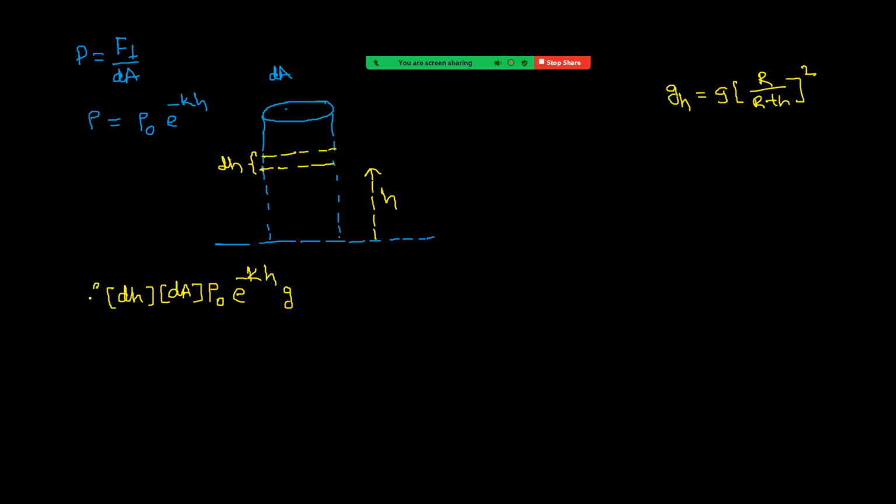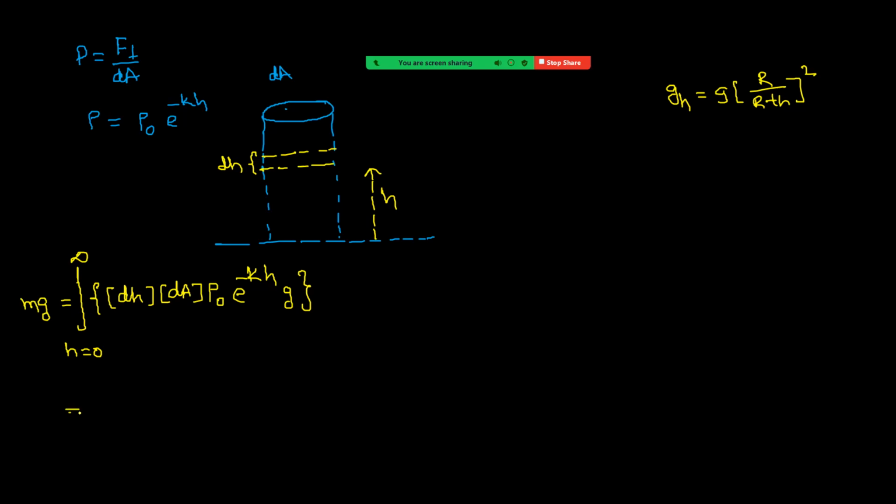This is the weight of the air present in that layer. Like this, we have to take all layers from h equal to 0 up to infinity. Then we get the weight of the air present in that cylinder.